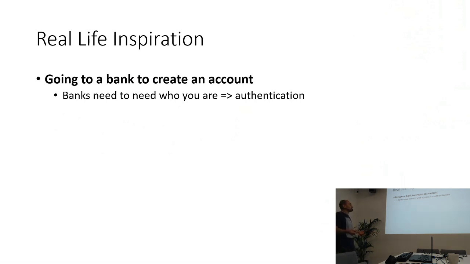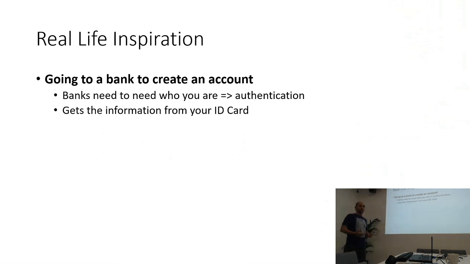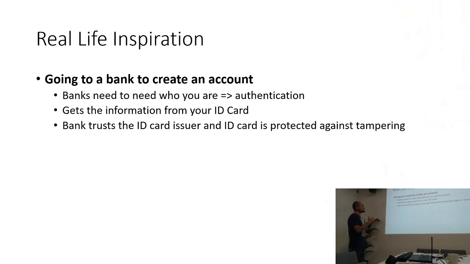They cannot authenticate who you are using their own means. So what they do is get all the information from your national ID card, right? They don't need anything else because they just need to know who you are, and this information is on your ID card. But for this to work, there must be some conditions met.